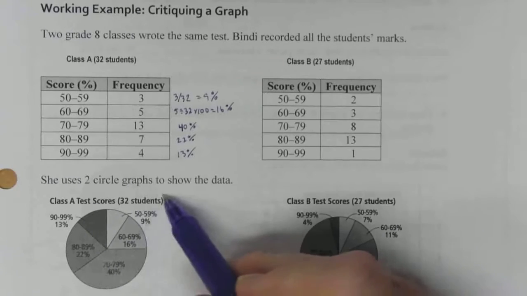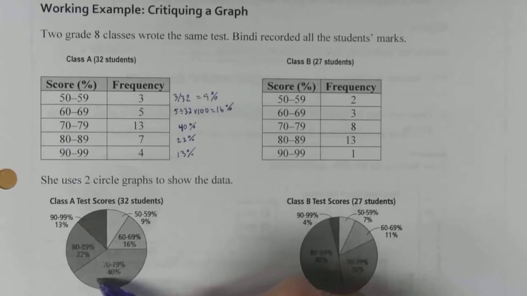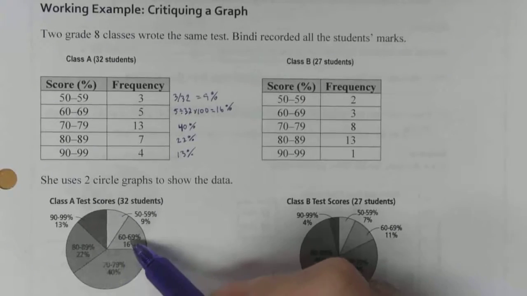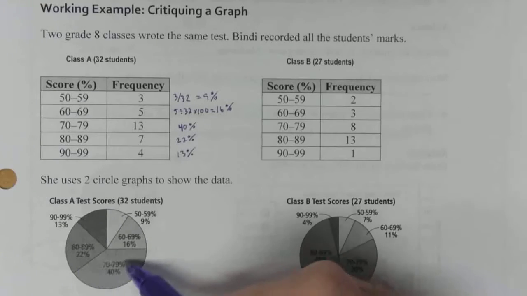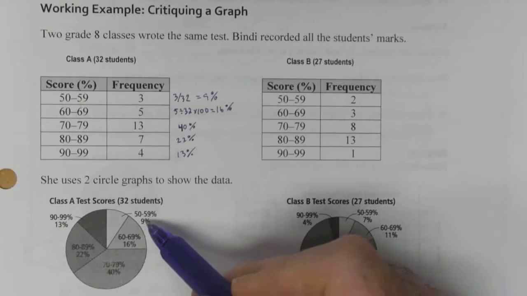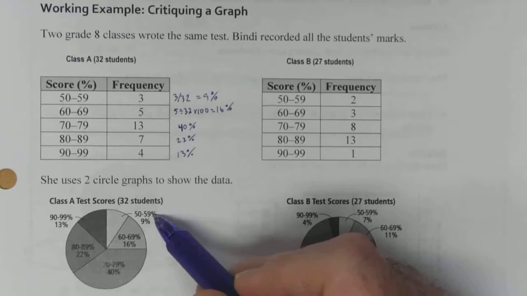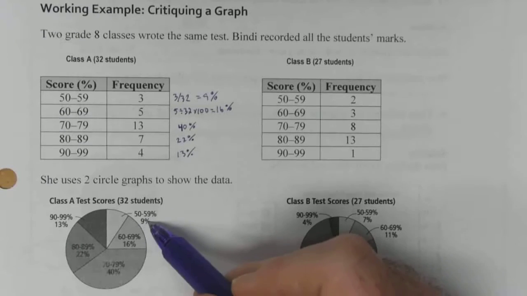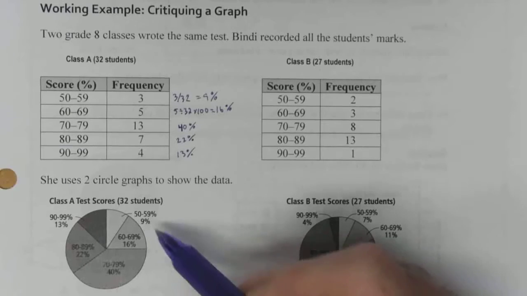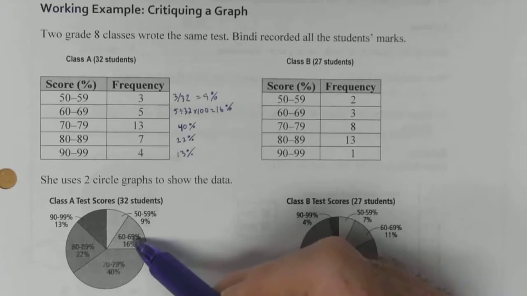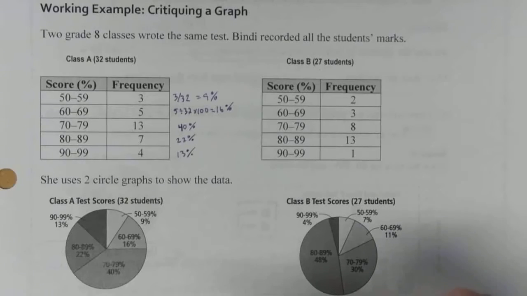So she's got her title with the number of students, and then she's got each piece of the pie or of the circle marked with the range of marks, and then the percentage of students that got a mark in that range. So there's 2 percent symbols in each one of them, so just make sure you read it carefully.